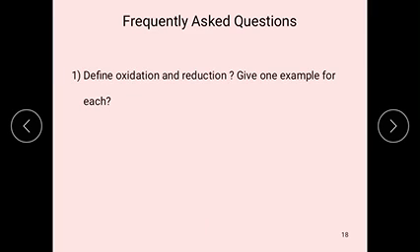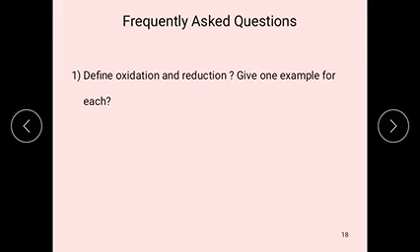And next one is redox reaction. If a chemical reaction has both oxidation and reduction, then it is called a redox reaction. In a chemical reaction, if any substance loses electrons, those electrons should be gained by another substance.